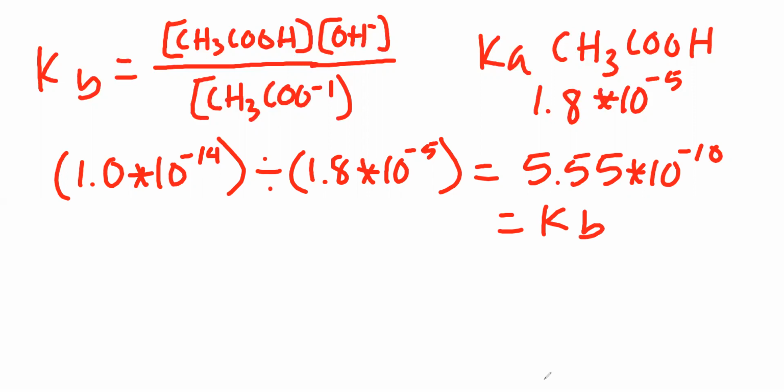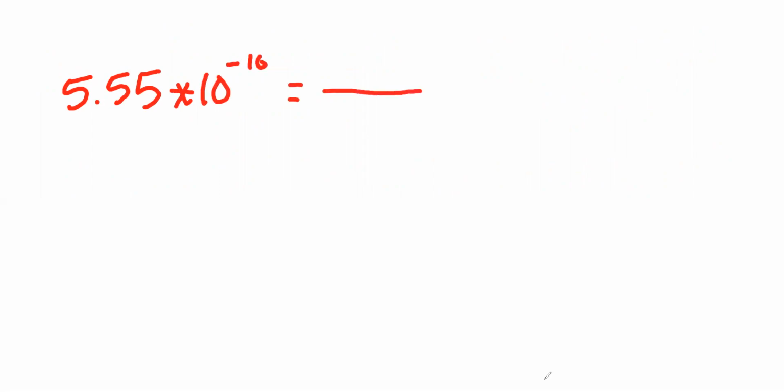And that number is what we're going to use now to plug in with the information from our RICE table. So here, now our two products, x squared. So there's everything from our RICE table.